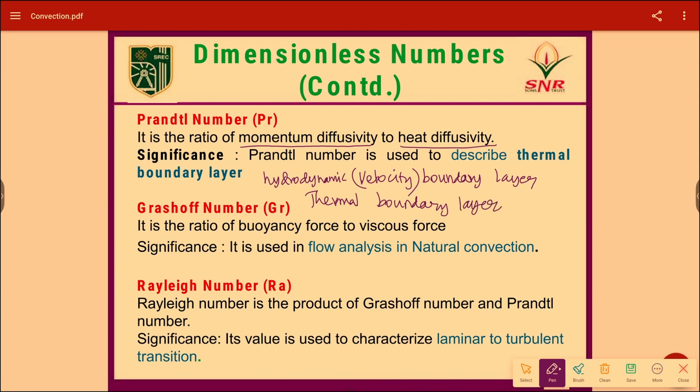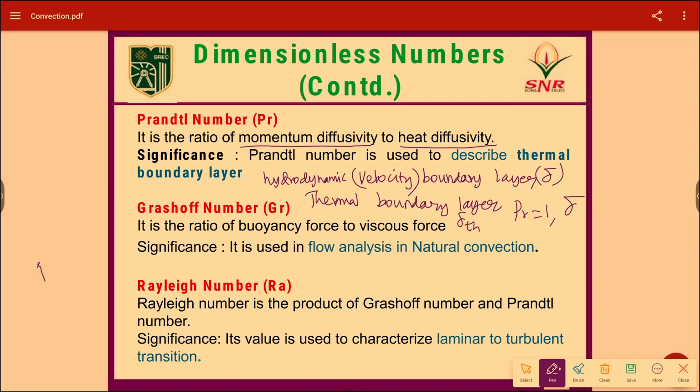So the velocity or hydrodynamic boundary layer means the boundary layer which has formed due to the difference in velocity. On the other hand, the boundary layer which has developed due to the temperature difference between the surface and the fluid is called the thermal boundary layer. So this Prandtl number relates the hydrodynamic boundary layer and the thermal boundary layer. When I say the Prandtl number is equal to 1, the hydrodynamic boundary layer, I will put it with the notation delta, and the thermal boundary layer I put as delta TH.